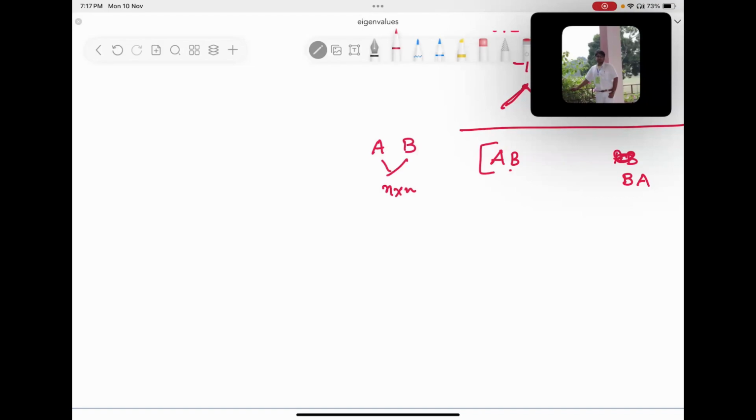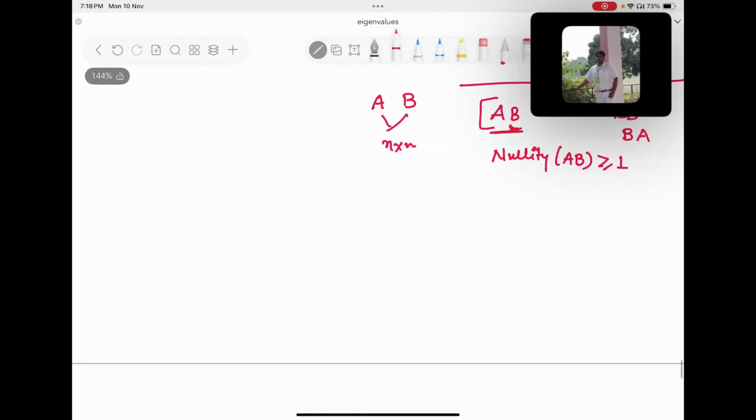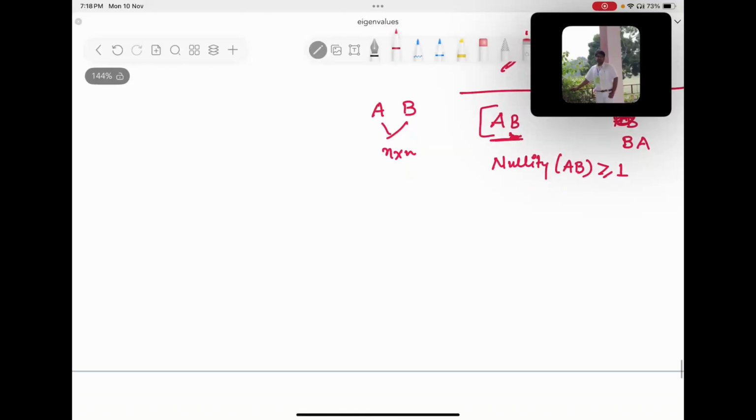For non-zero eigenvalues we don't have any issue. The question is only for zero. If zero is an eigenvalue of AB, then what can you say about the nullity of AB? At least one, greater than or equal to 1, right?